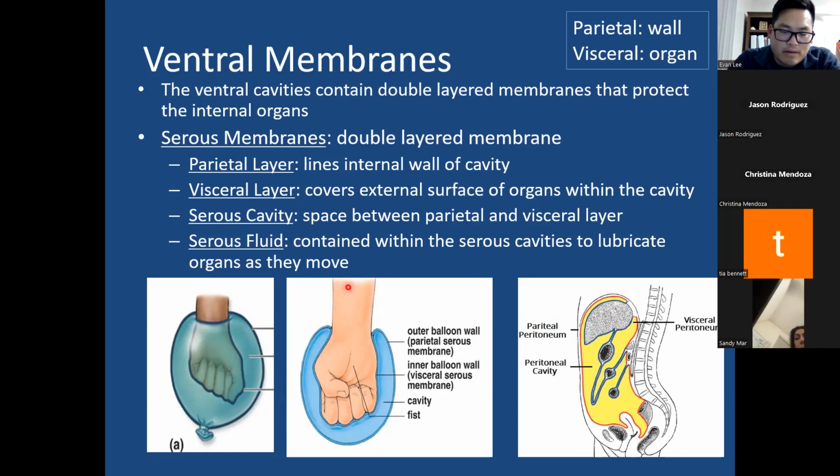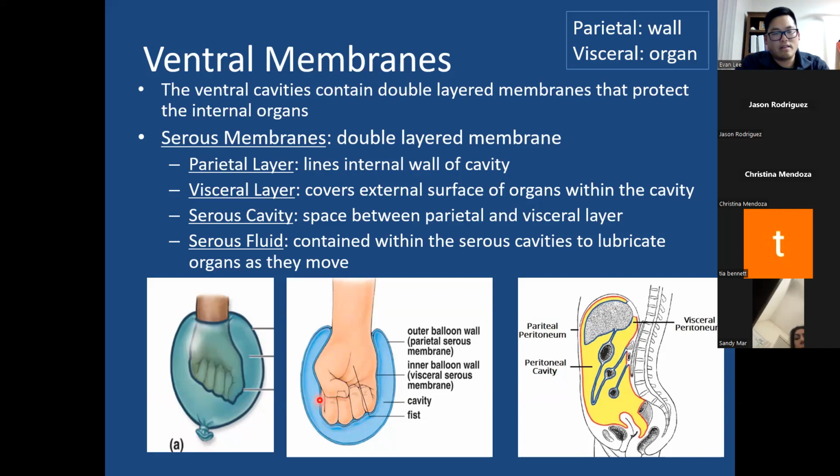Now, if you try to push your hand into the middle of this balloon, you actually are forming two layers and a space in between them. So if you look closely, do you see that there's a layer that's directly surrounding your hand, surrounding your organ?